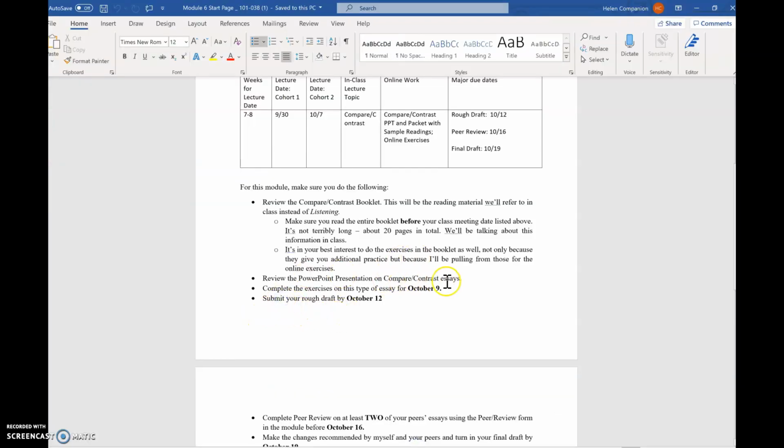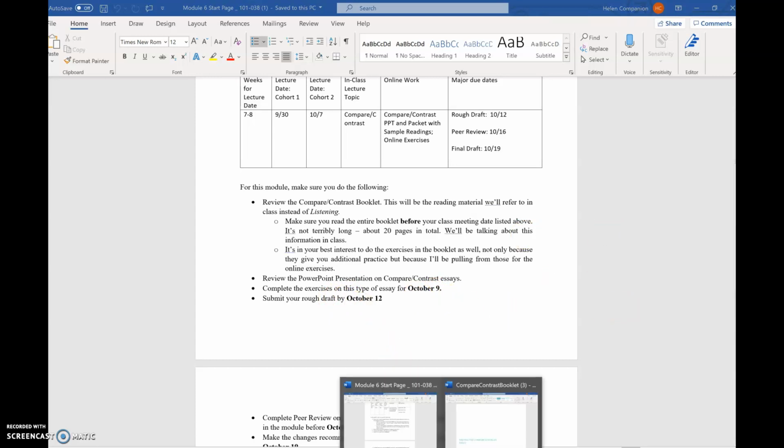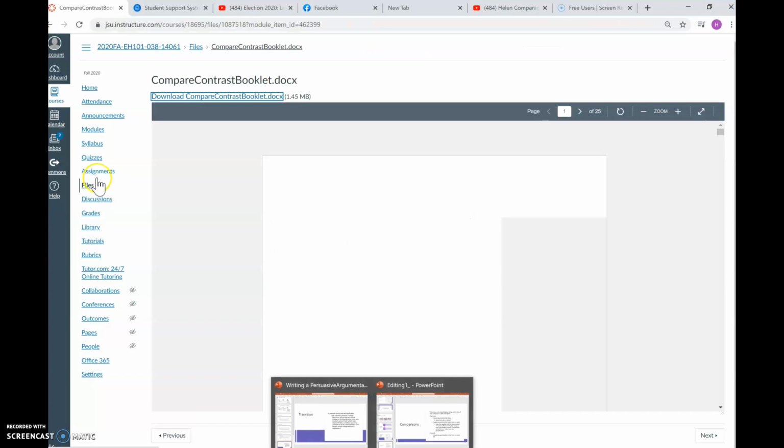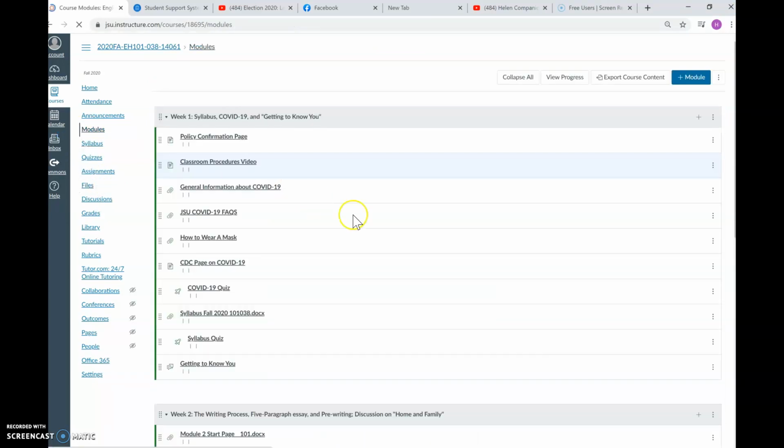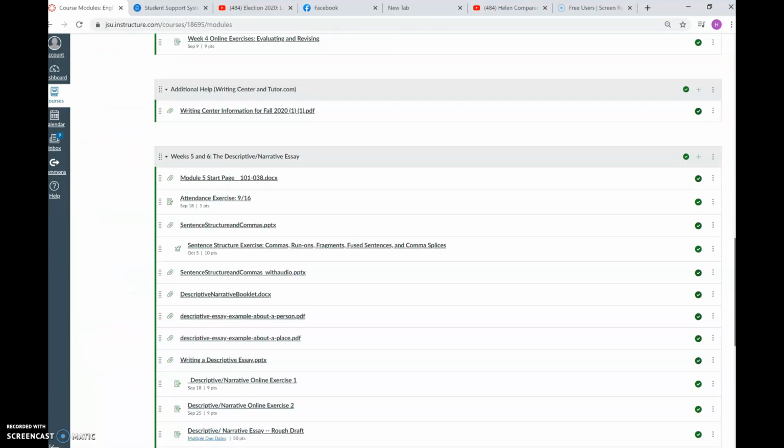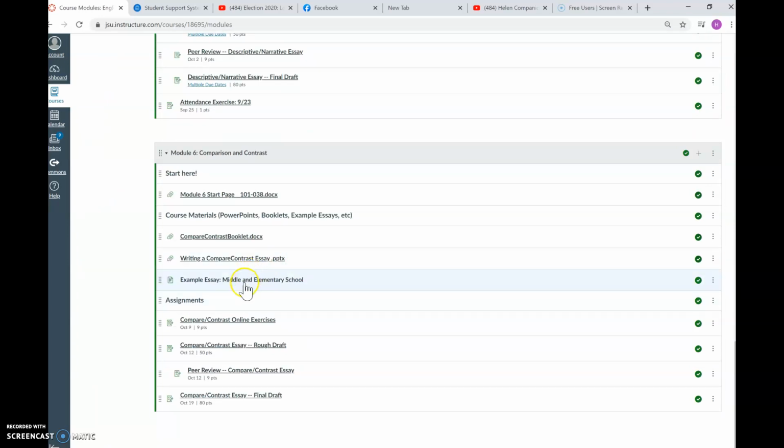We're about to look at the compare contrast. Make sure you do the exercises on Friday, and then we'll talk about the rest of the assignments in a minute. So let's go find that PowerPoint. I have it on my computer elsewhere, but I'm doing it this way so that you can see how to do it yourself if you want to refer back to it later.